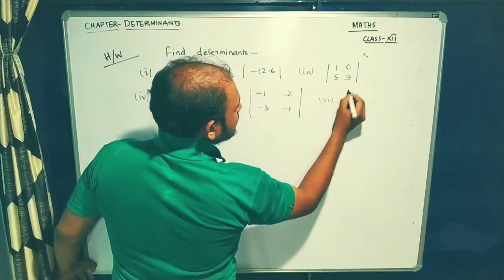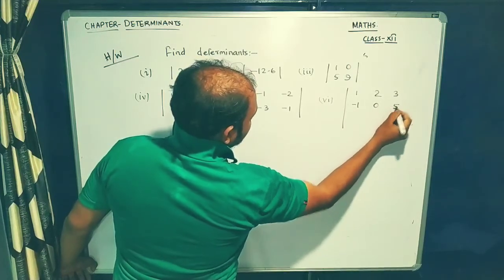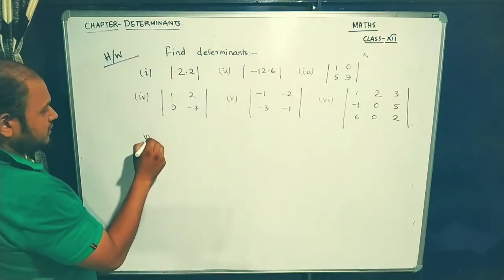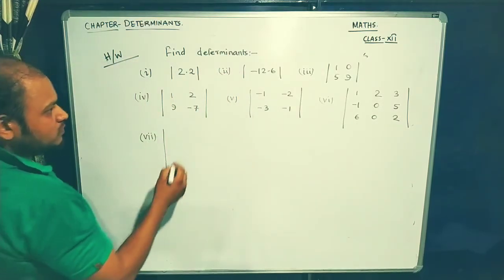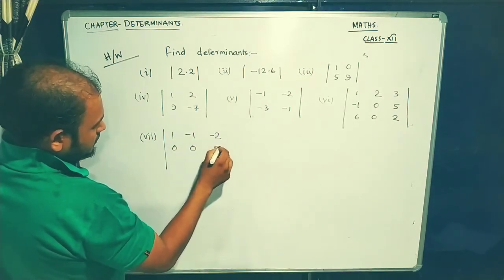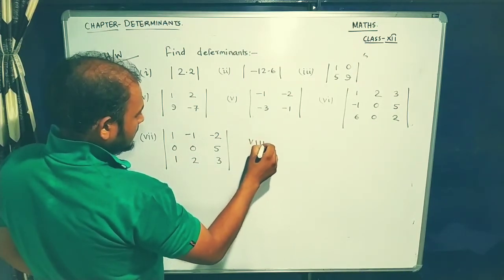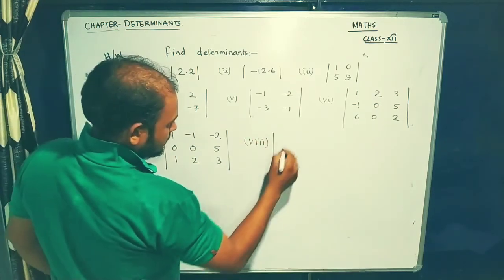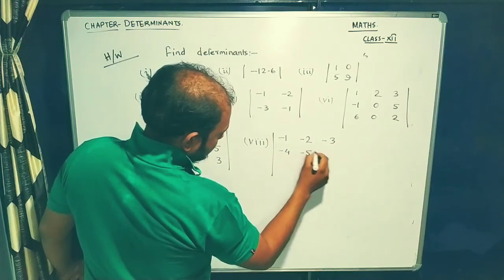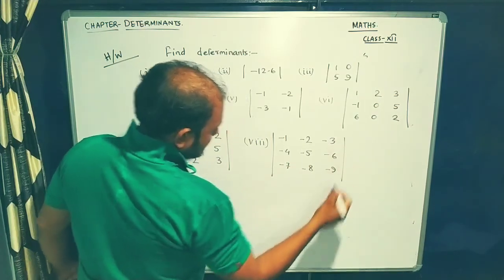Number 6, 1, 2, 3, minus 1, 0, 5, 6, 0, 2. Number 7, 1, minus 1, minus 2, 0, 0, 5, 1, 2, 3. Number 8, minus 1, minus 2, minus 3, minus 4, minus 5, minus 6, minus 7, minus 8, minus 9.